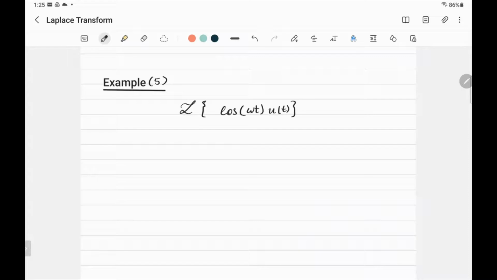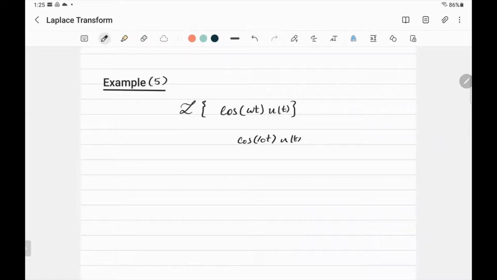These 2 pieces of information will help you find the answer. Don't think about omega like that. I can ask you what's the Laplace of cosine 10t u(t). It's just a value.